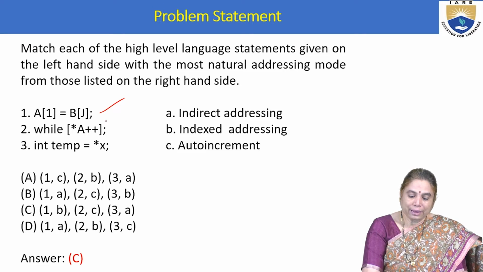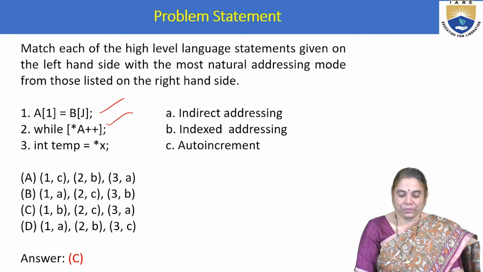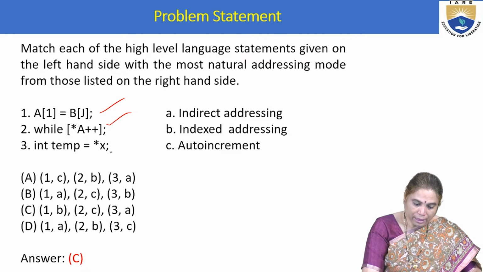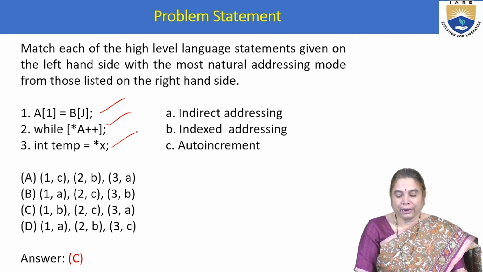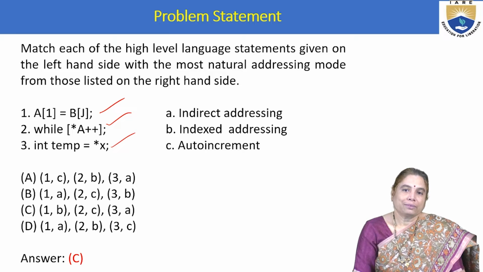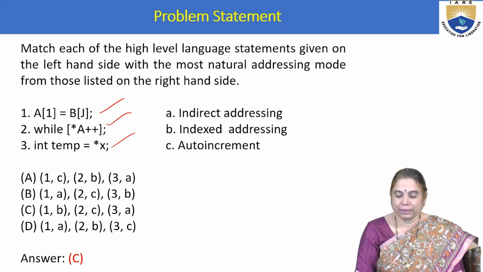Next, the second one is the looping structure. The third case is a pointer assignment. So here array cells have to be fetched and used in the computation with the help of indexing.